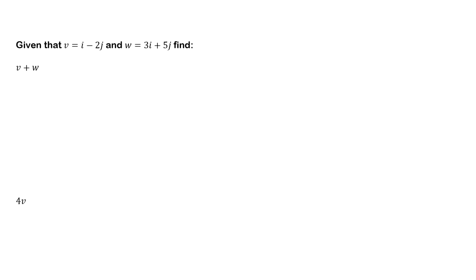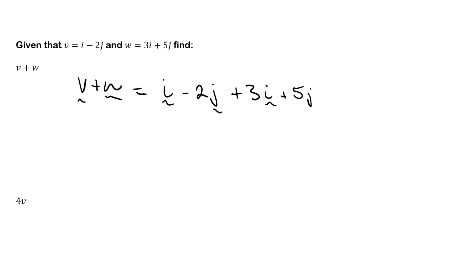Given that v equals I plus 2J and w equals 3I plus 5J, find v plus w. As with algebra, your same is added to same.